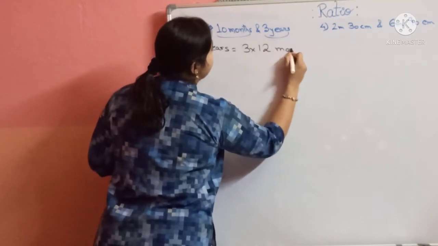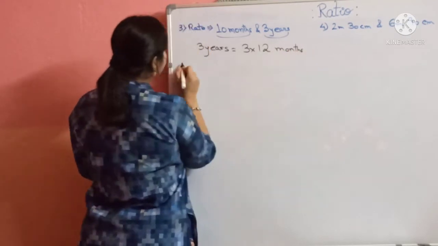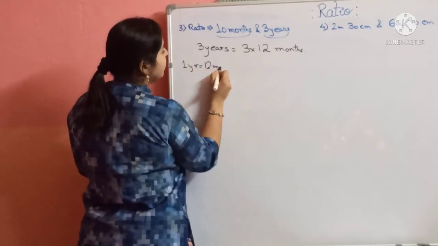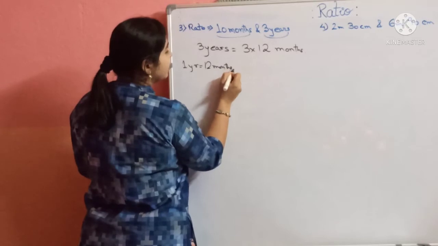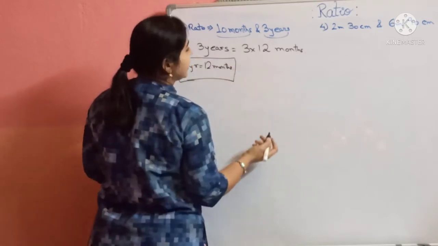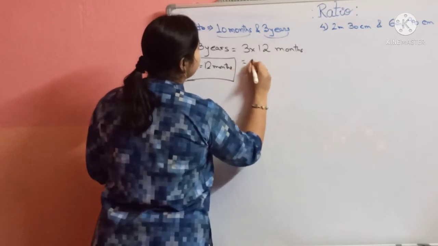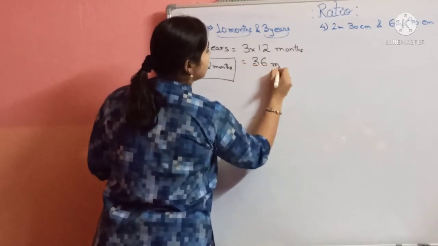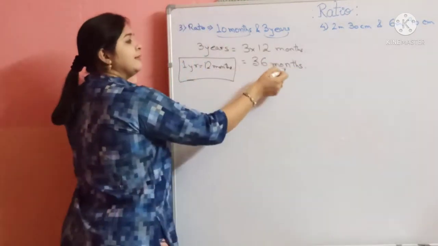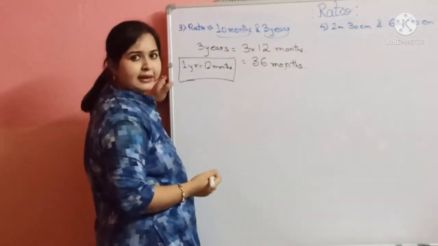Why? 1 year equals 12 months. So we are turning 3 years into months: 3 into 12, 36. Now both are in the same unit, 10 months and 36 months.